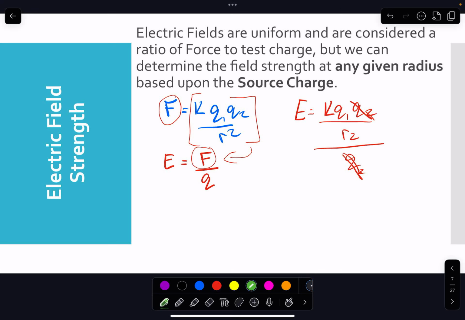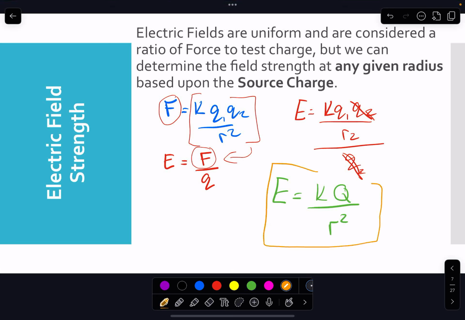And we're left with our next equation, which is E is equal to K. I'm going to use a capital Q to show that it's the source, so that's the larger one providing that electric field, divided by R squared. All right. So that is equation number 2 for the week. That one is dealing with our source charge versus this one is dealing with the little test charge.